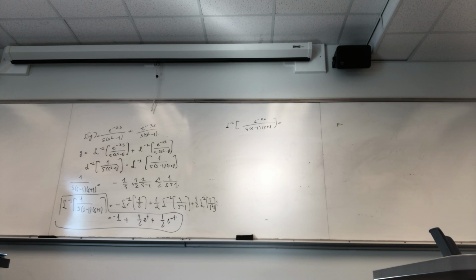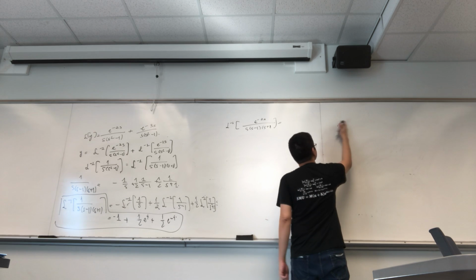Well, we just have to shift the function that we found by the constant term in the exponential, which is 2. So we plug in t minus 2 in the bottom function, and then we multiply that by the Heaviside function of t minus 2.